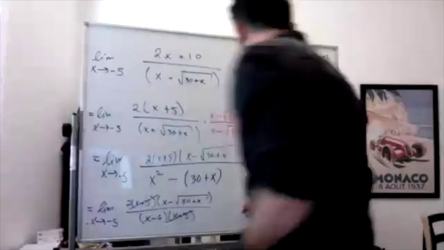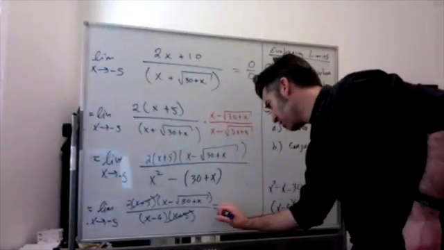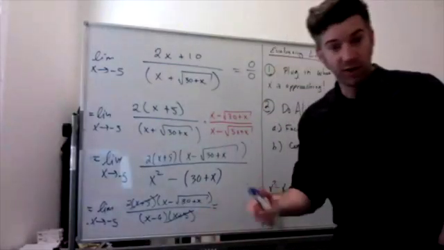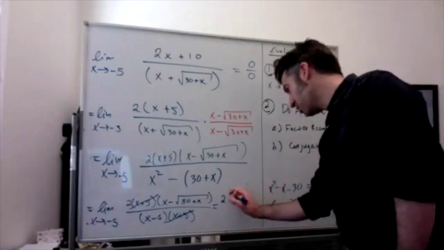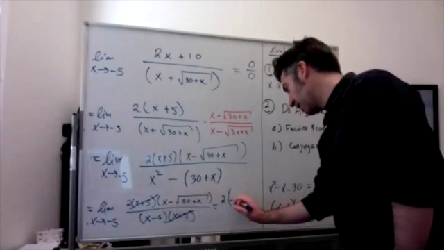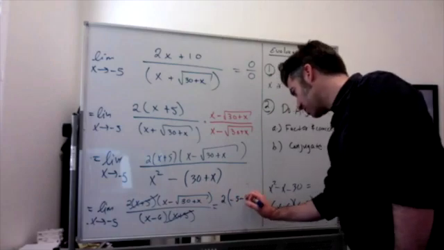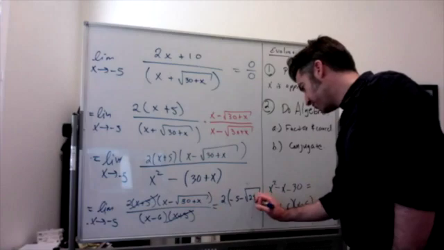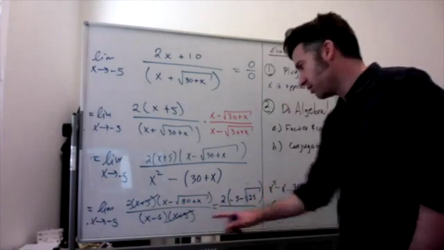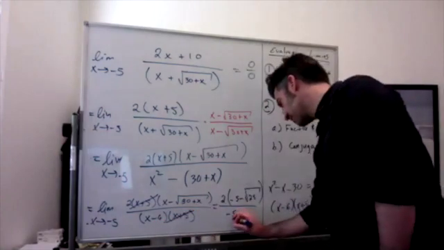So now I'm going to plug in the -5, which means I'm not going to write the limit. I'm going to get 2 times, -5 minus the square root of 30 plus -5, which is 25, over -5 minus 6.